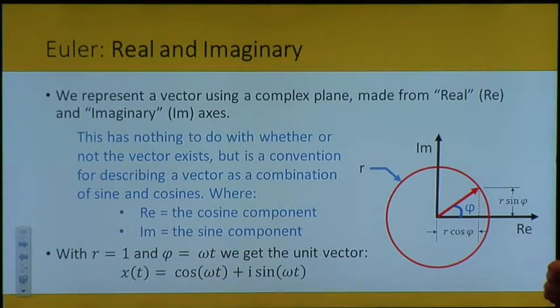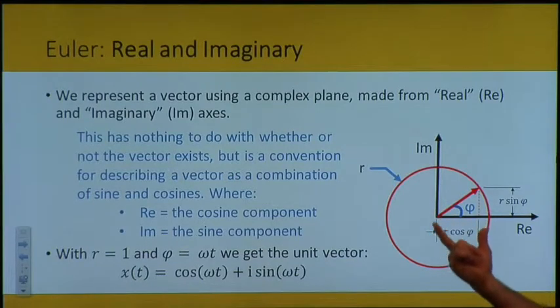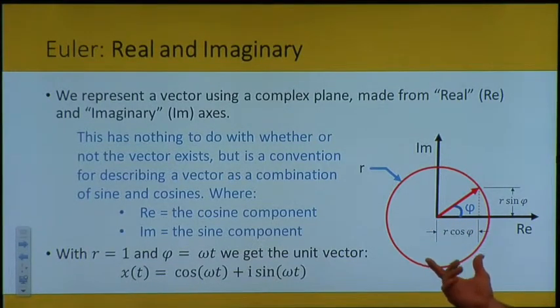If it has a real component, then that is the cosine component of its behavior. And if it has an imaginary component, that's the sine component. So when we think of harmonic motion and vibrations, we think of a combination of sines and cosines, and this is how we can represent it.